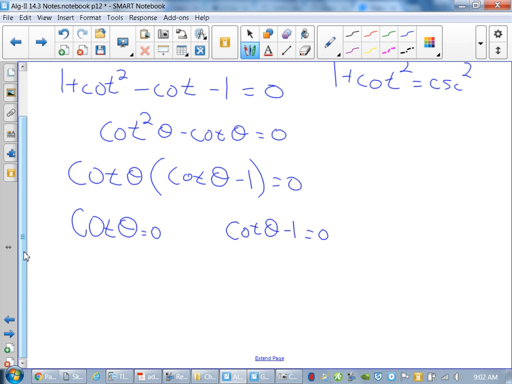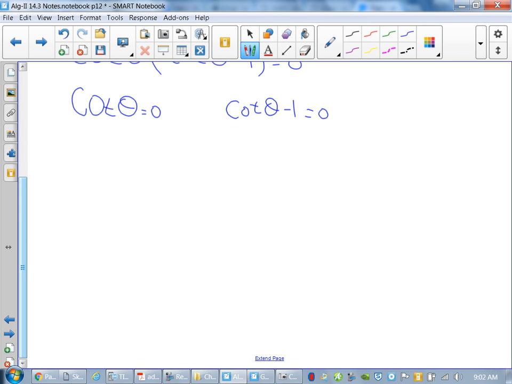Cotangent was what over what? Cosine over sine, so it's x over y. So remember, this means what angle has a cotangent value of 0. Zeros occur on the quadrantals. It's a matter of figuring out which one is which.